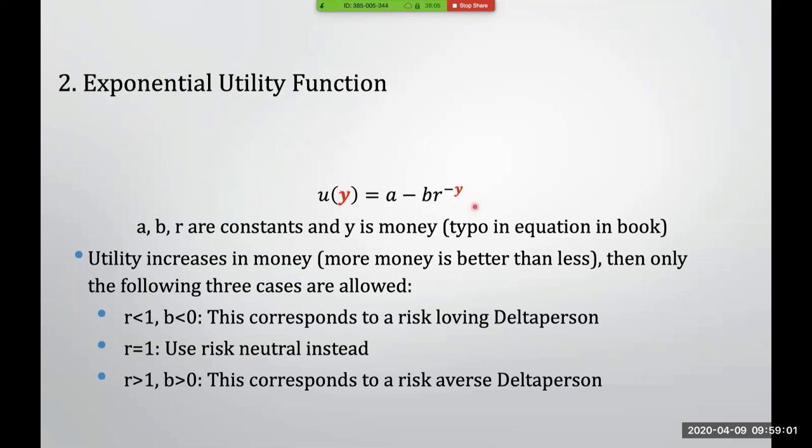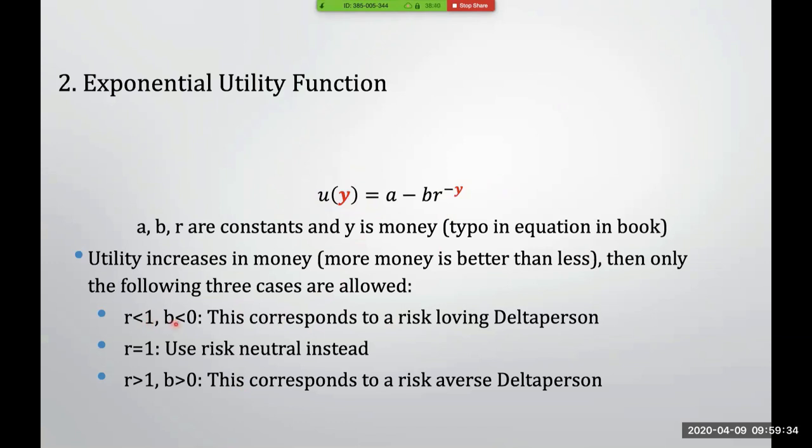The mathematics to prove that this utility function satisfies the delta property is much too complicated, and we're not really interested in that in our class. So we're skipping that part, and I'm just giving you the conclusion that this utility function does satisfy the delta property. And these are the two cases that could arise from this utility function, given different values of r and b.